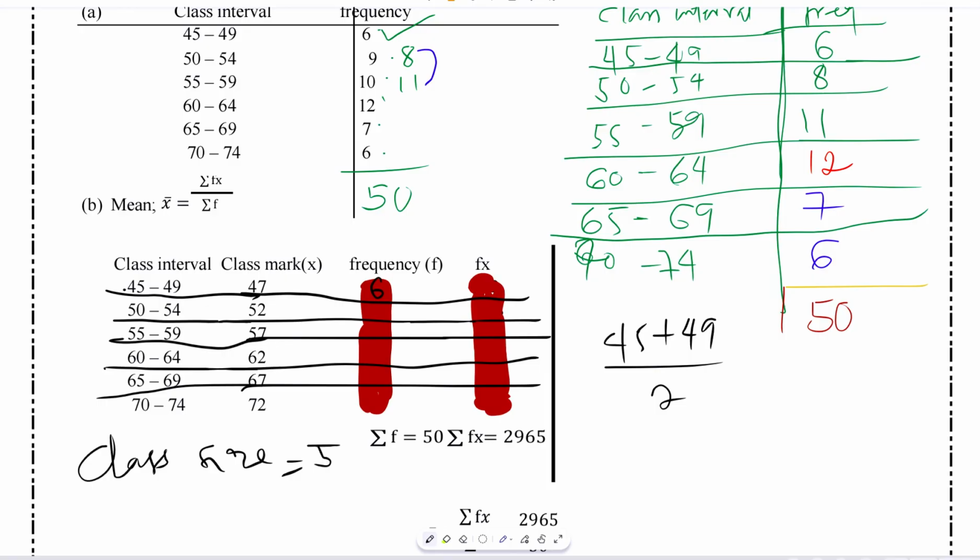So our frequency is 6, then 8. This is 8, and then this is 11, this is 12, this is 7. Make sure you are writing what I'm saying.